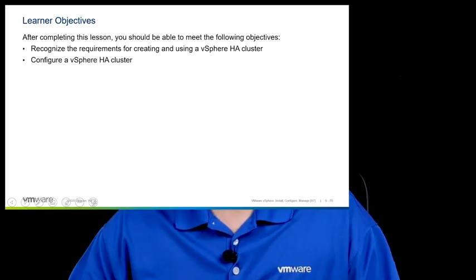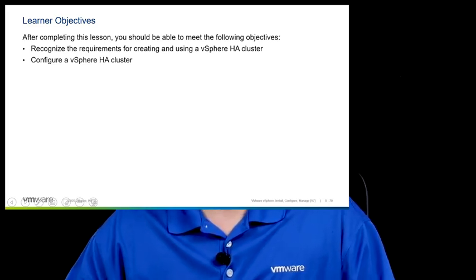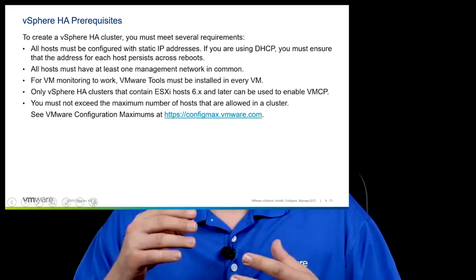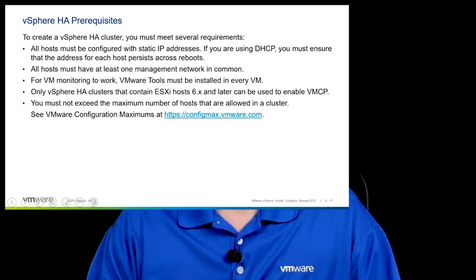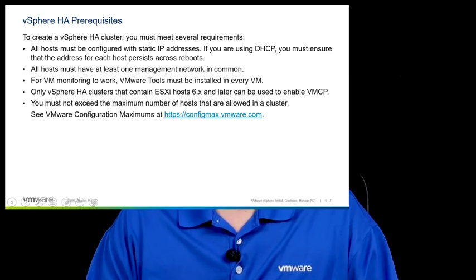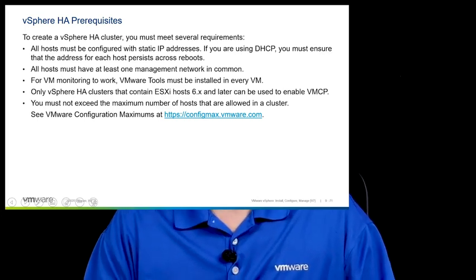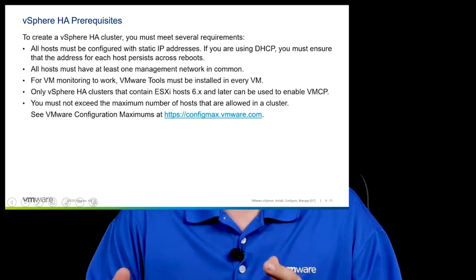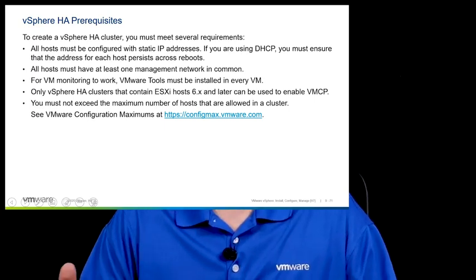So we'll start by looking at the requirements for creating the HA cluster, and then we'll actually dive into the configuration. Okay, first, the requirements. All of our ESXi hosts for an HA cluster have to be configured with static IP addresses, or at the very least, IP addresses that don't change.